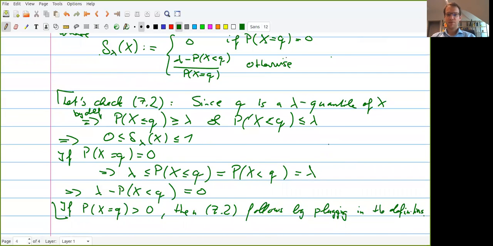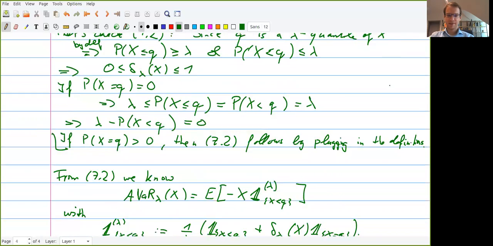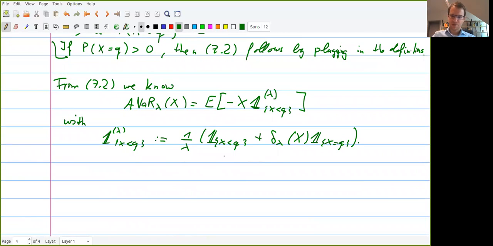So if we go up here, we just put all the terms which are not minus x into this definition of this new function, indexed by lambda. So there's nothing really going on.